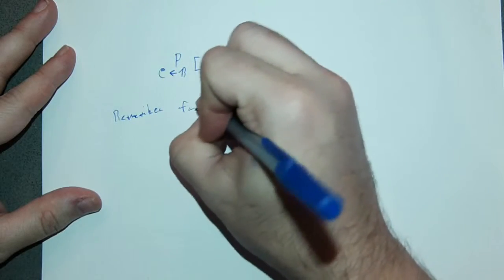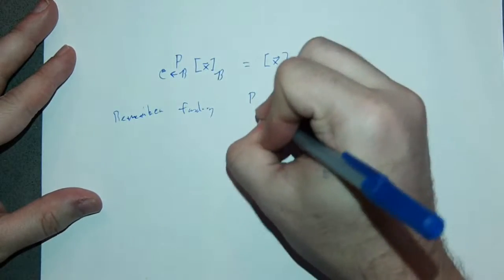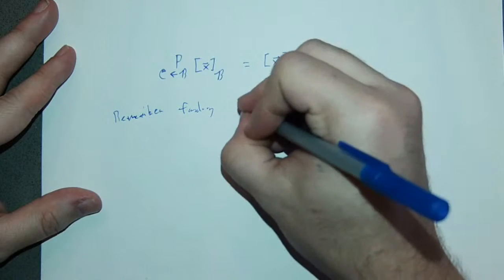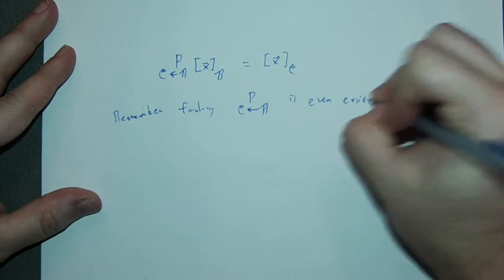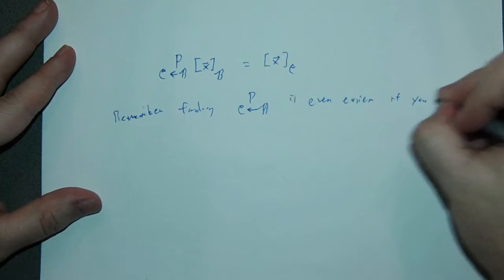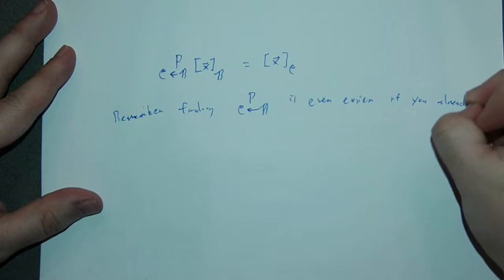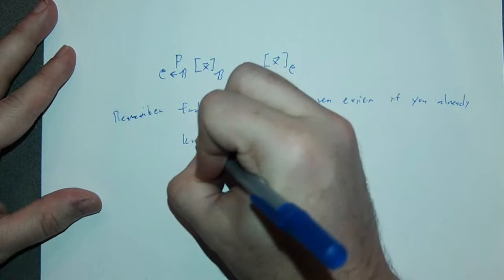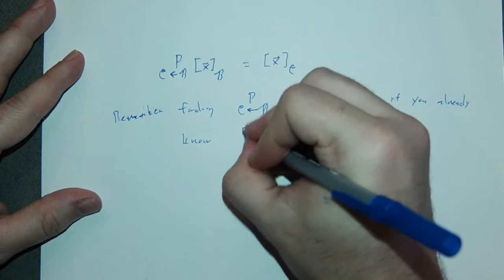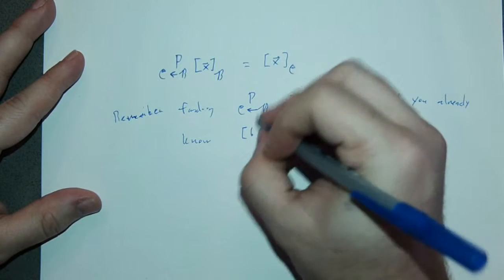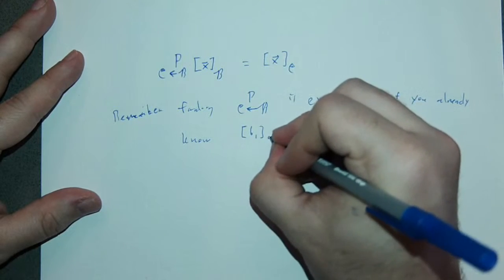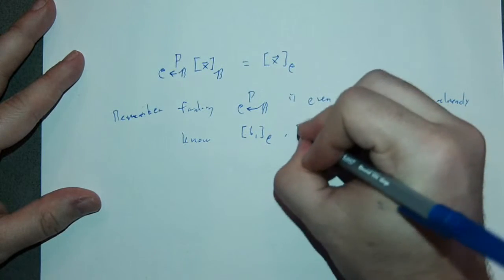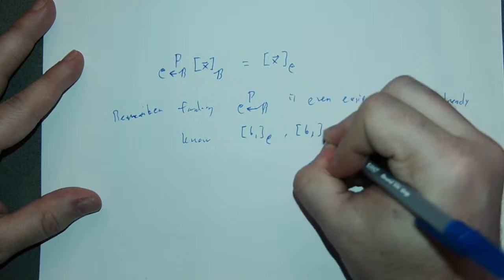So remember, finding this P is even easier if you already know B1 in C coordinates, and B2 in C coordinates, and so on.